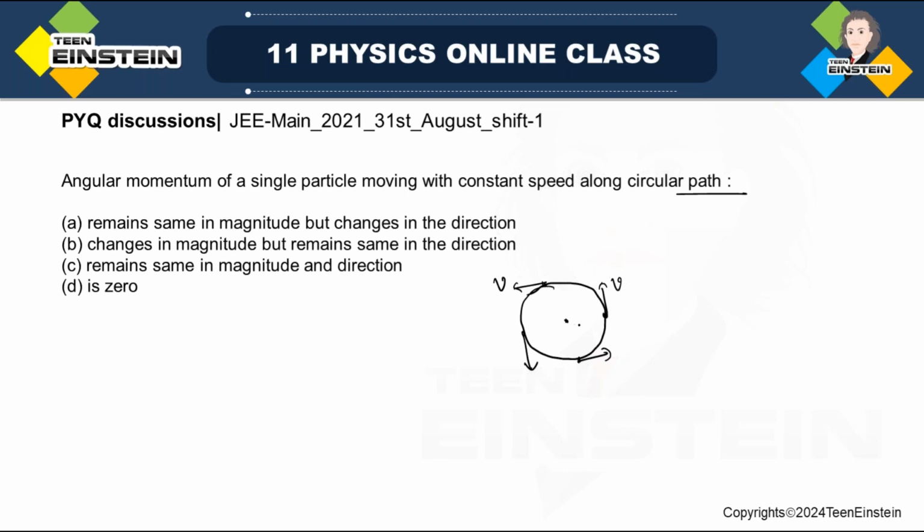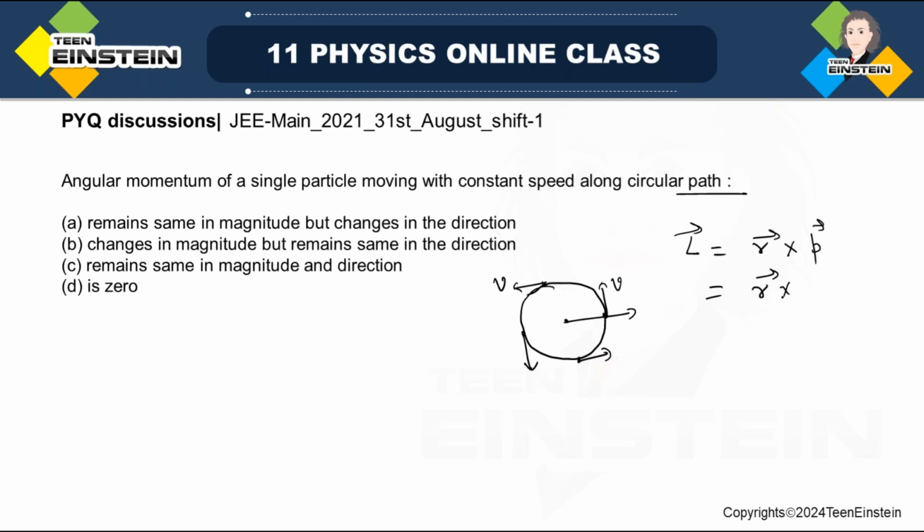But what about angular velocity? Angular velocity is not going to change. That will always be constant. One more thing, look here. The question is angular momentum of a single particle moving with constant speed along a circular path. So angular momentum is r cross p in terms of vectors, and r is the radius vector here, and p is along the v direction, because p is equal to mv.